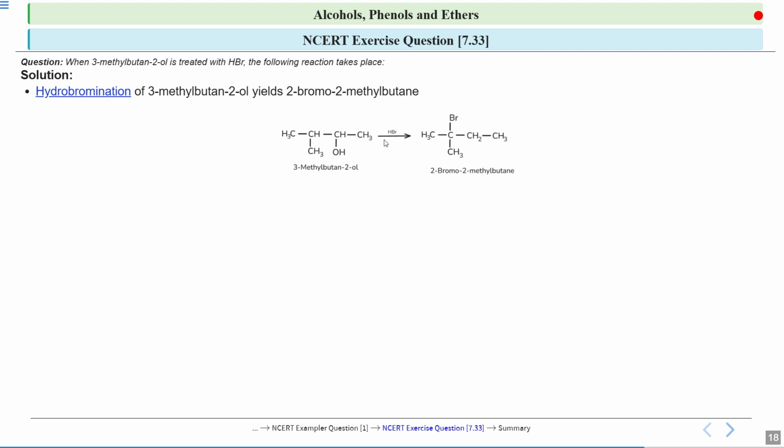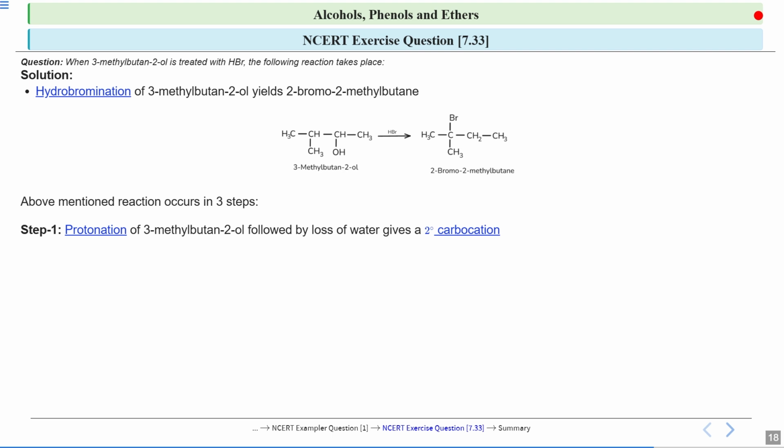Okay, so hydrobromination is happening. Now we will see the mechanism of this reaction. So the above mentioned reaction occurs in 3 steps. Okay. The first step is protonation of 3-methyl butane 2-ol, which is followed by the loss of water. This gives us a secondary carbocation.